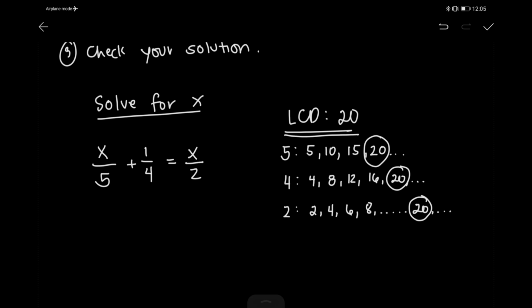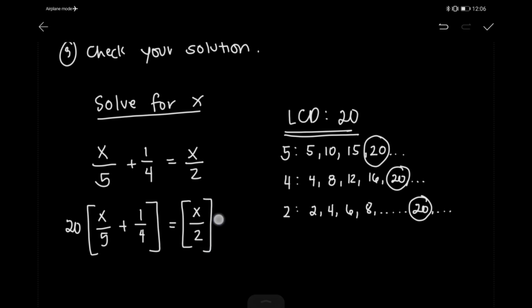So let us do that. We have 20 multiplied to the left side of the equation, x over 5 plus 1/4, and on the other side, x over 2 multiplied by the LCD 20.